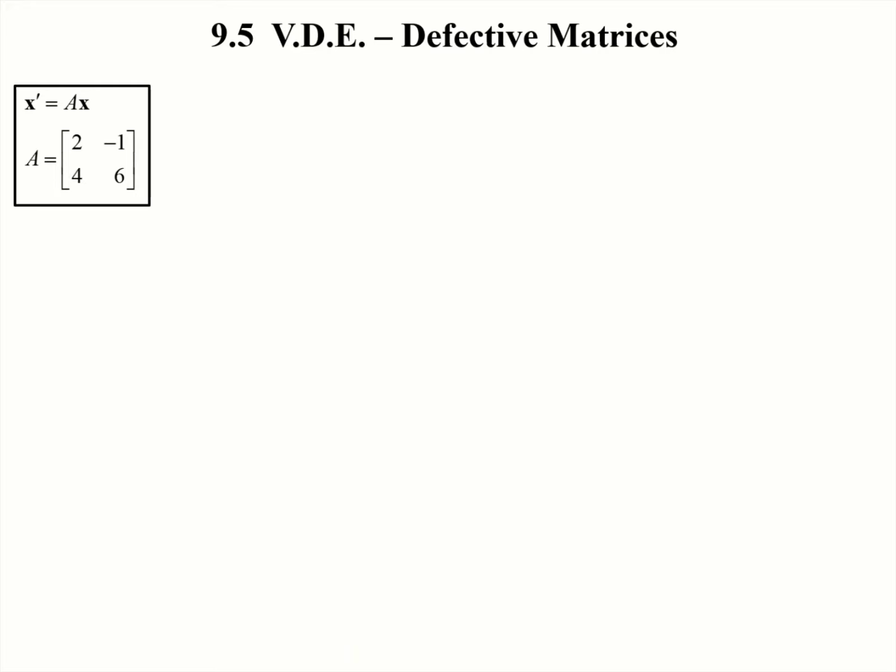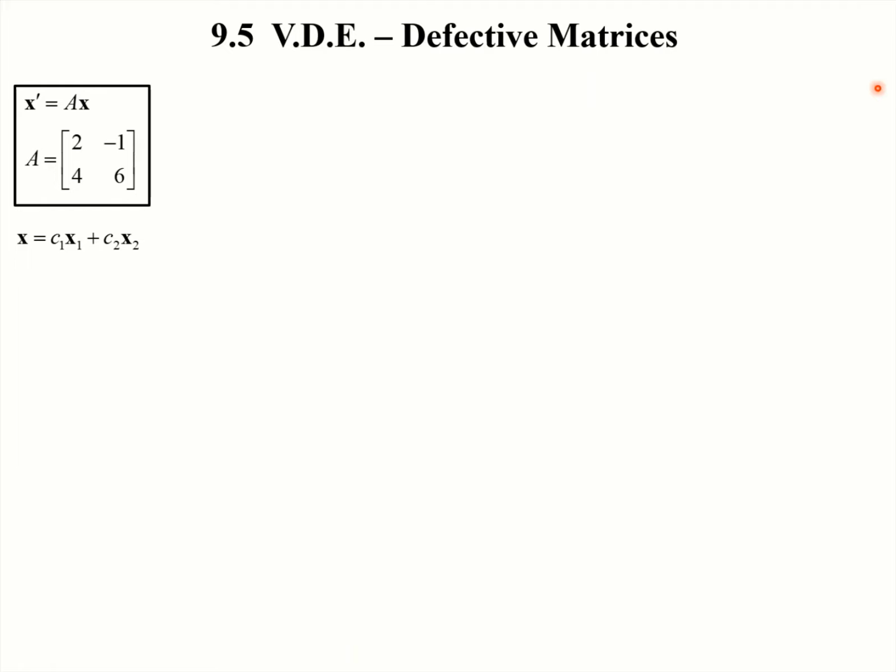Since it's a 2 by 2 matrix, our solution is going to look like this: C1 times vector x1 plus C2 times vector x2. And what we said in the last one is this vector x1 is going to be e raised to the eigenvalue times t, multiplied by an eigenvector of that eigenvalue. And so x2 was going to be similar.